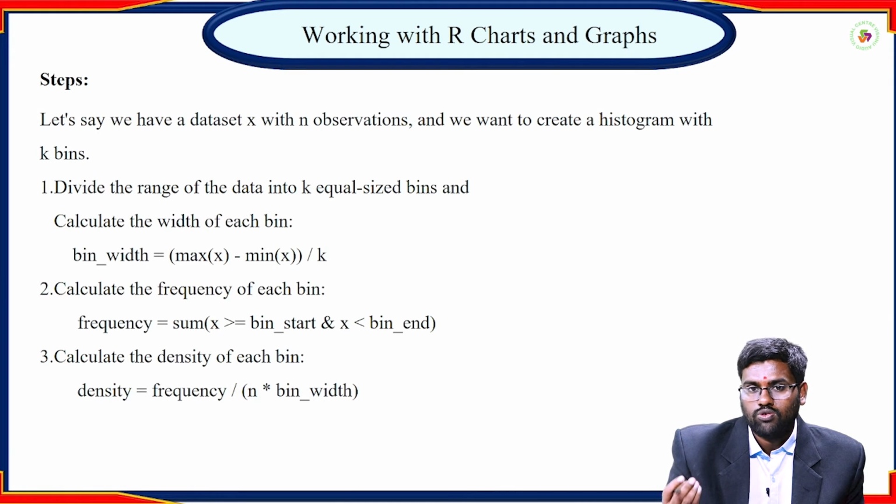Next, frequency: from what condition to what condition we are taking, the starting position and the ending position value. After calculating, we calculate density to draw the histogram for the given values.